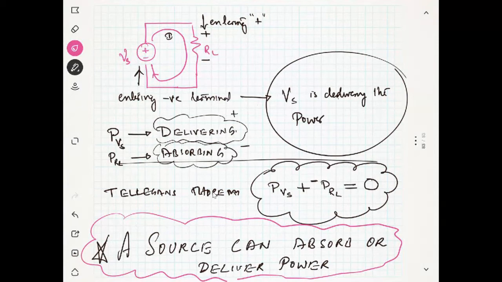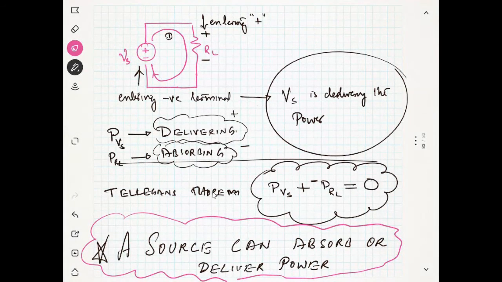If you have a voltage source, sometimes it will deliver the power. When will it deliver? For example, take a car battery. When the car is not started and you turn on the headlight, your battery is delivering the power.